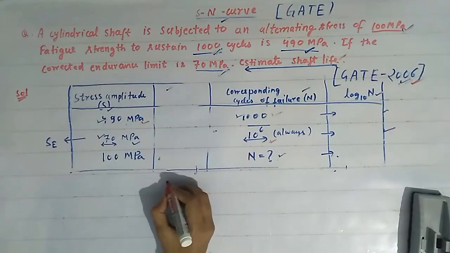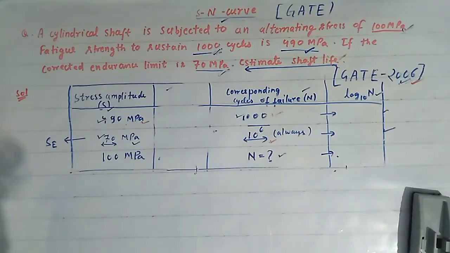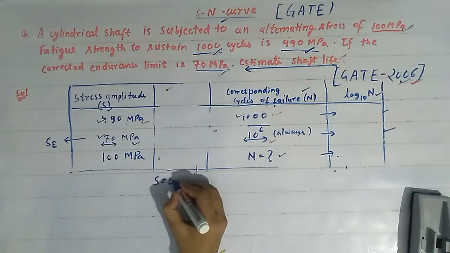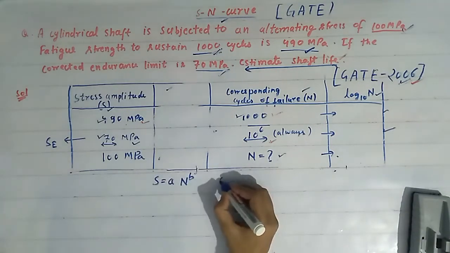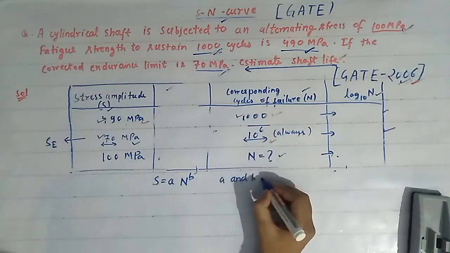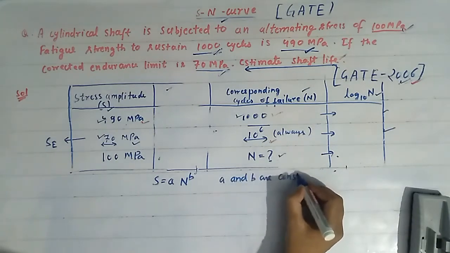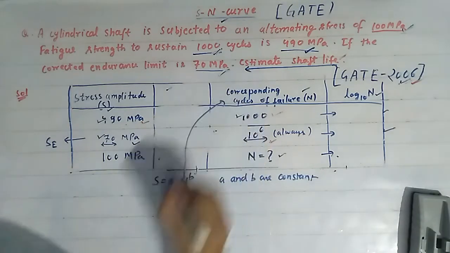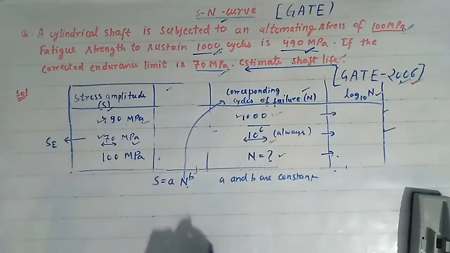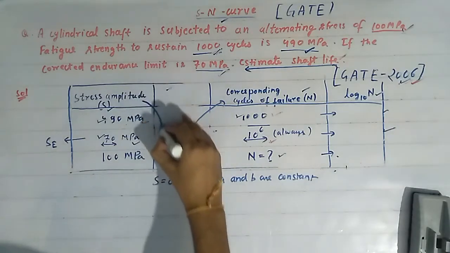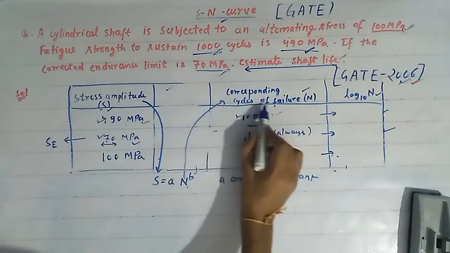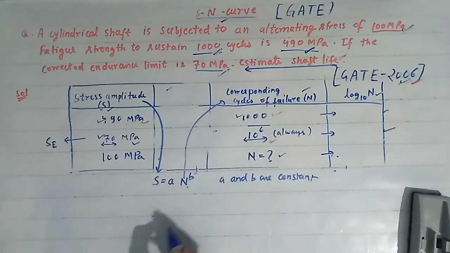In this method we use the formula S = A N^B, where A and B are constants, N is the number of cycles corresponding to failure, and S is the stress amplitude. Now we will make equations.